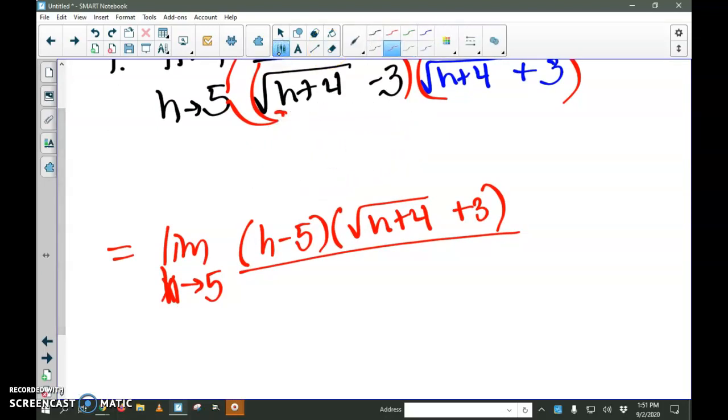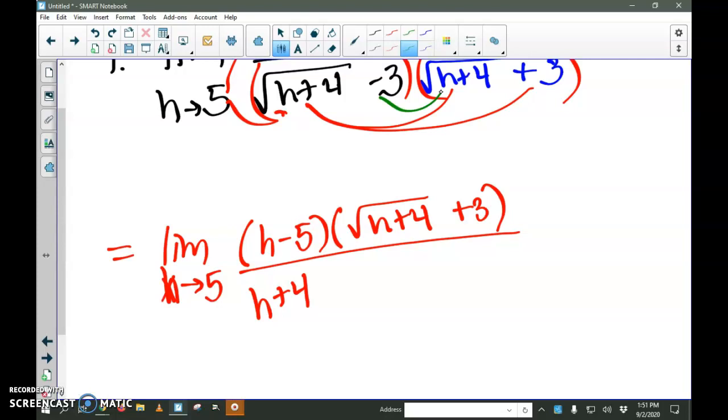However, in the denominator, the two conjugates, okay, magic will happen. So when I distribute, square root of h plus 4 times itself is just h plus 4. Square root of h plus 4 times 3 should cancel with square root of h plus 4 times negative 3.